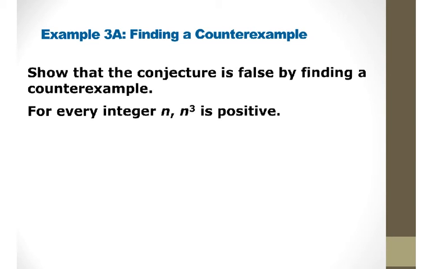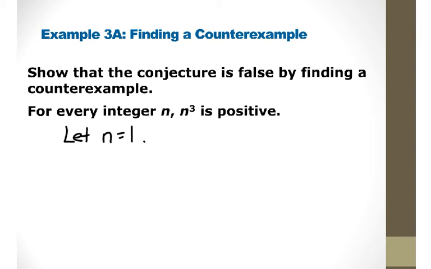So let's look for some counterexamples. It says show that the conjecture is false by finding a counterexample. So here I am telling you that these conjectures are false, and to find a counterexample. But let's look at something that makes this conjecture actually true. Let n equal 1.